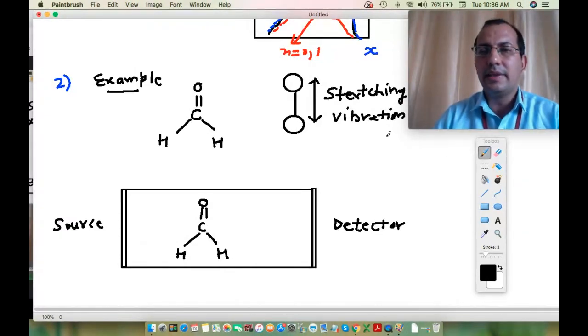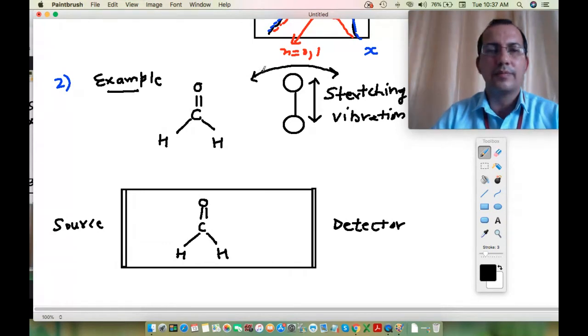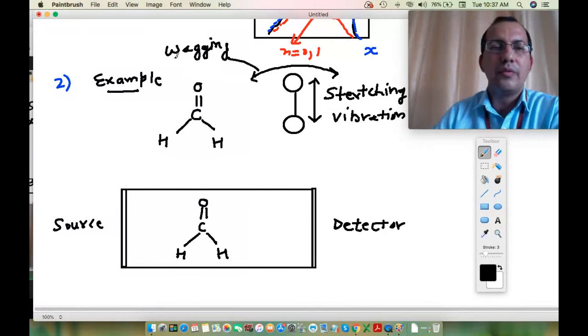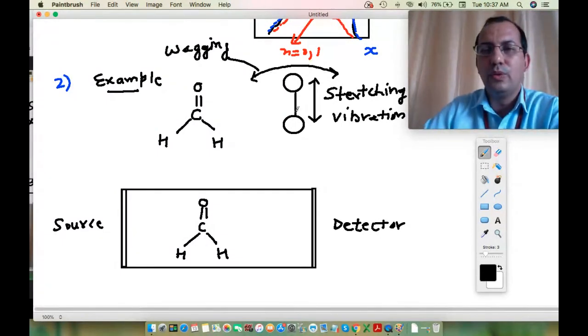Here it can also move this way. This is called wagging. Wagging is especially related to dogs.